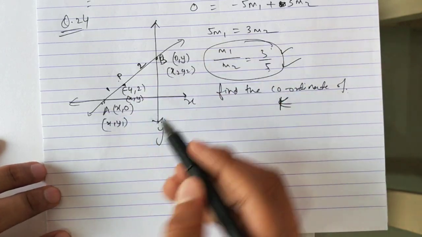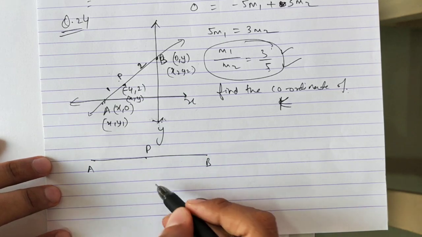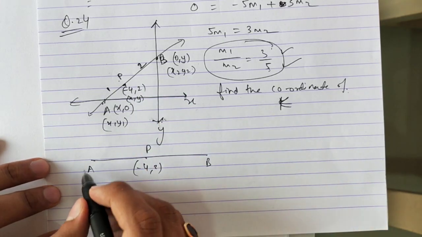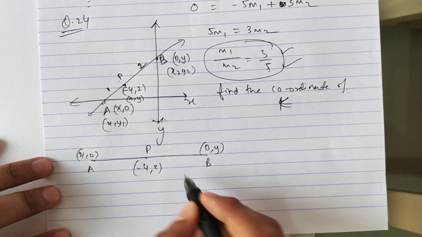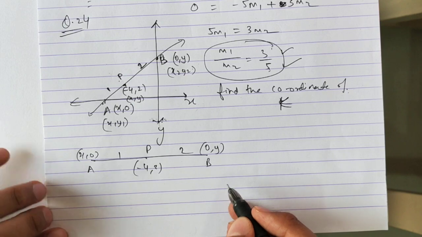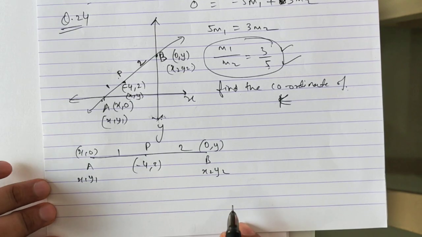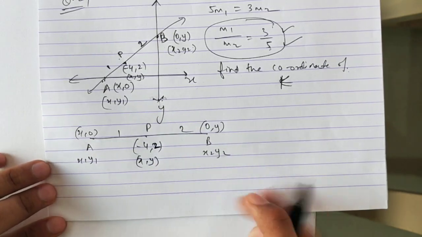If you want, you can draw this line separately, A, B and P, where P is (-4, 2), A is (x, 0), B is (0, y). Ratio is 1:2. So this is x1, y1, x2, y2, and this is x, y.